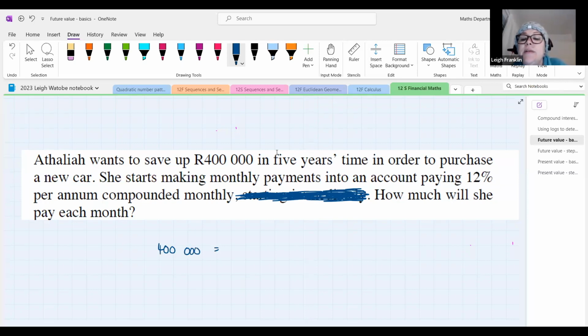When the question says how much will she pay each month, they are implying we need to calculate the value of X, the monthly payment. 1 plus our interest rate is 12% per annum compounded monthly. Now, what I probably should have done was done a timeline for you guys first.